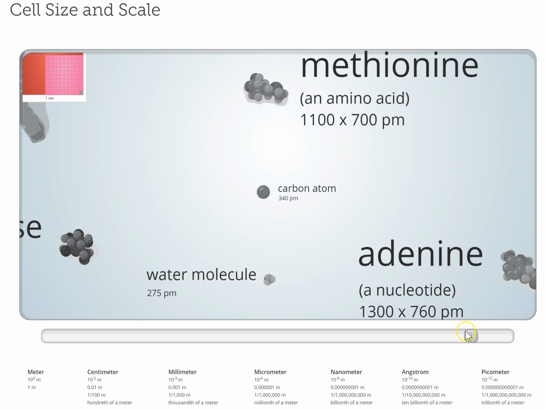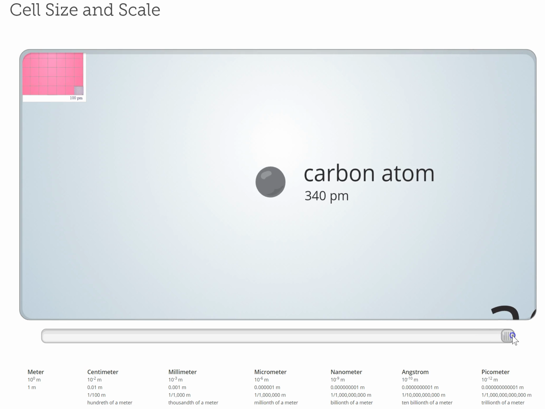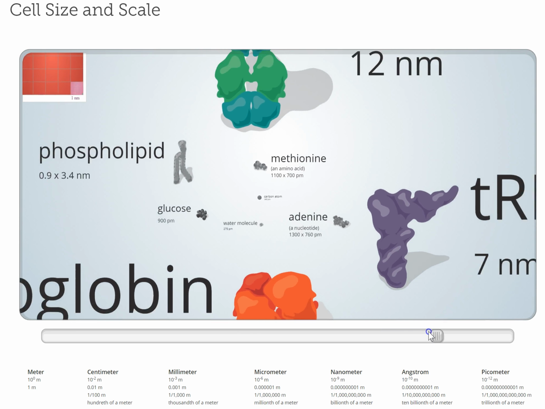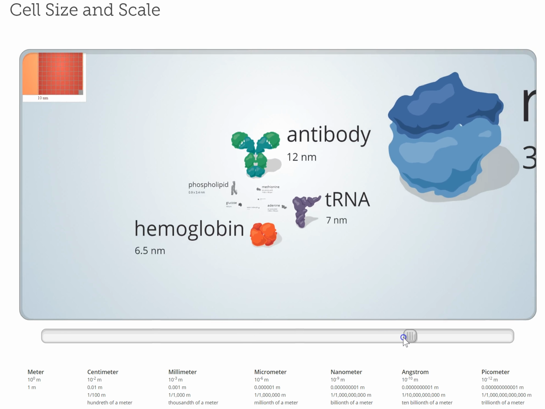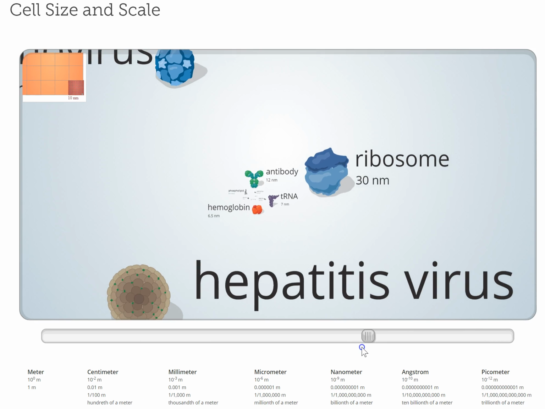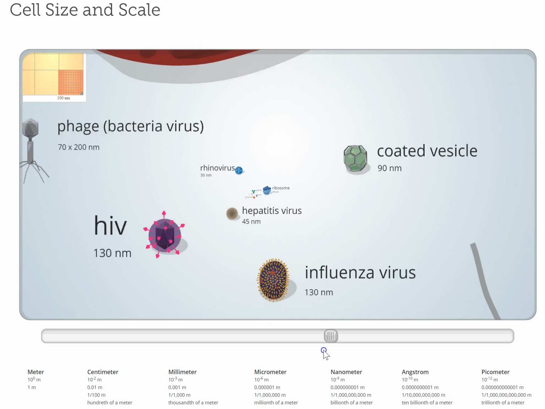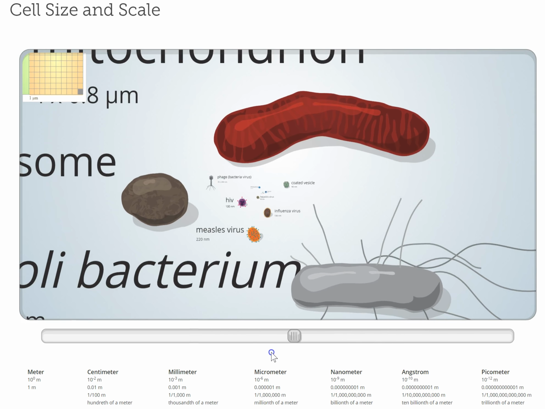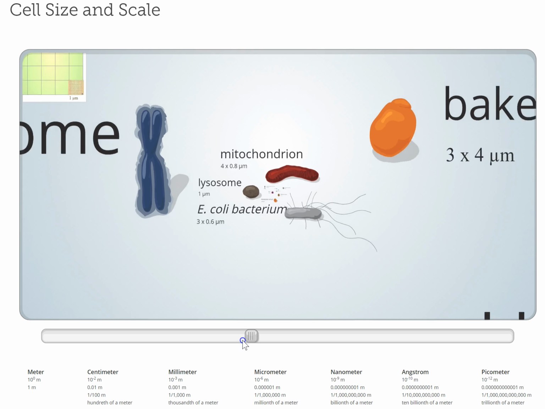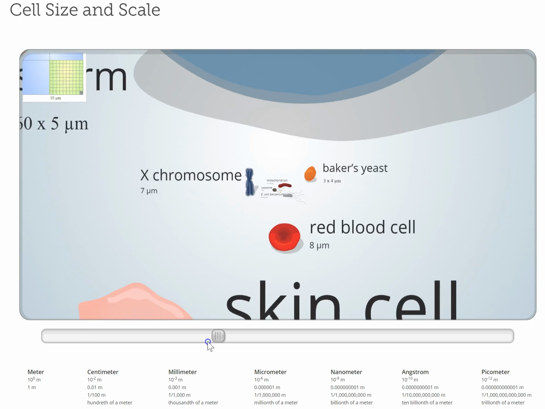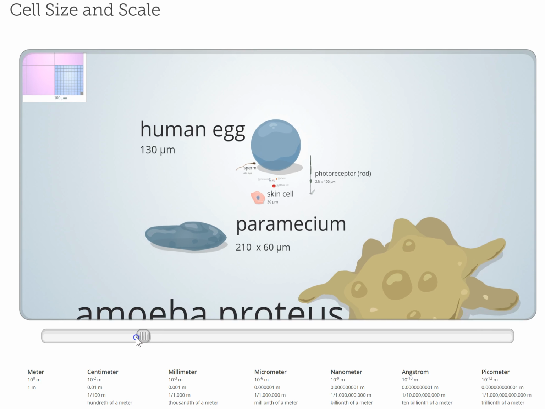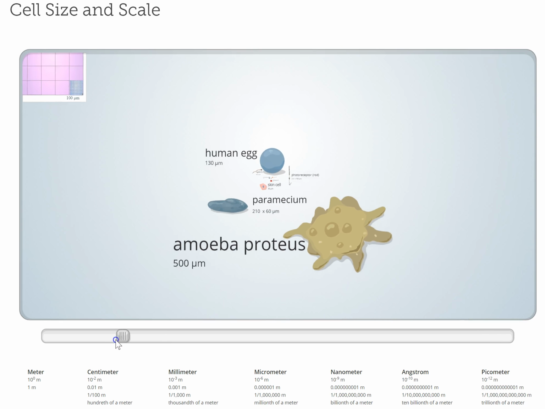Now these are things we've talked about before, so as we compare them to what we know are atom to molecules, which we call amino acids, to the proteins they make, to the parts inside cells and viruses, to more parts of cells and the first tiny, tiny cells of bacteria, to more parts of cells and bigger cells like yeast and red blood cells, skin cells, sperm, eye, and egg cells, living things that work on their own, paramecium and amoeba.